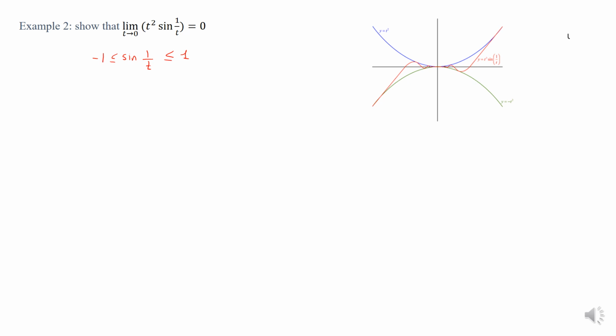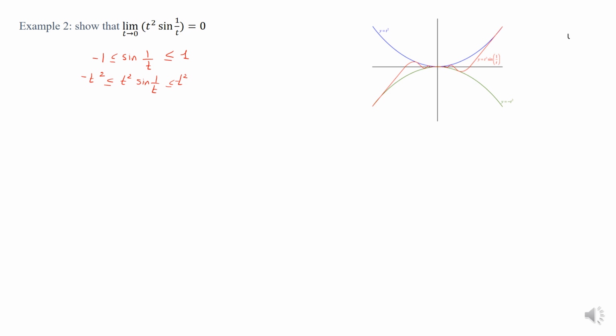Now we need to find the limit as t approaches 0 of t squared sine 1 over t. So let's multiply the whole inequality by t squared to get minus t squared less than or equal to t squared sine 1 over t, less than or equal to t squared. Since t squared is always non-negative, the direction of the inequality does not change.